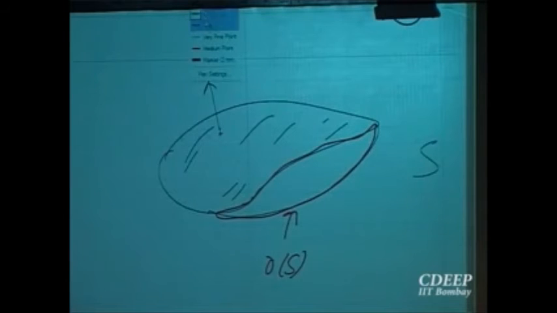So what I have done, on the surface which is orientable, I have fixed an orientation by choosing a continuous unit normal. Corresponding to that, I want to fix an orientation on the boundary.